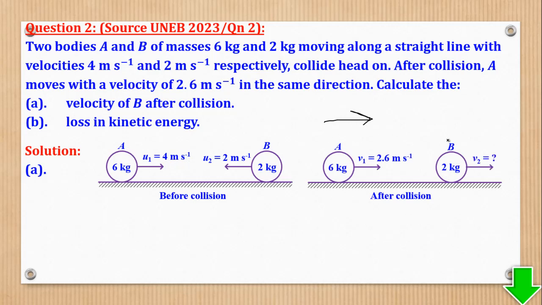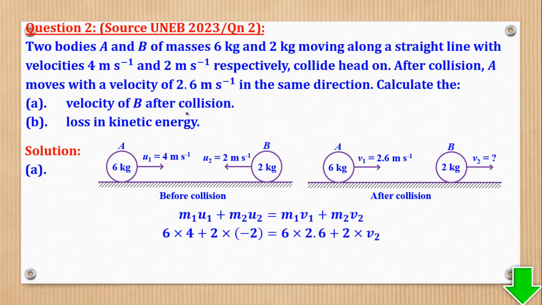And because it moves in that direction, automatically B should also move in that same direction, simply because this is heavier. Then by conservation of linear momentum, we have that. Then we substitute, remembering that change of sign is denoted by a negative. Simplify and get the value of V2, that is the velocity of B.